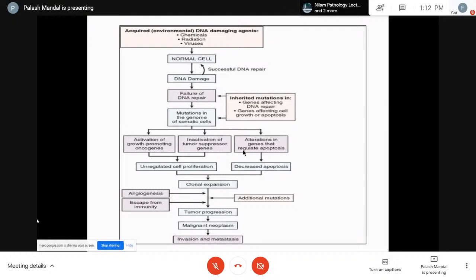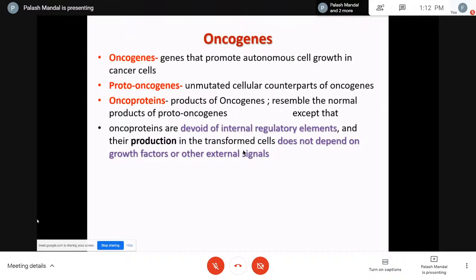Finally, there is unregulated cell proliferation or decreased apoptosis, leading to clonal expansion of the damaged cell, which in fact leads to the development of carcinogenesis.